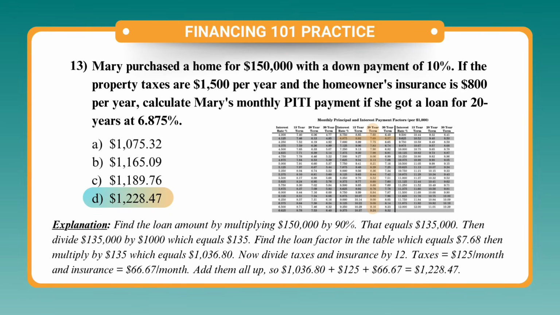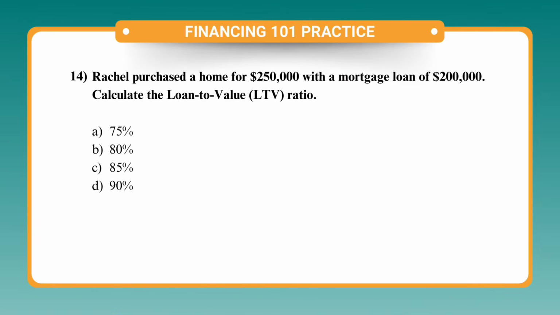Now we add all three of those totals together, so $1,036.80 plus $125 plus $66.67 will equal $1,228.47.